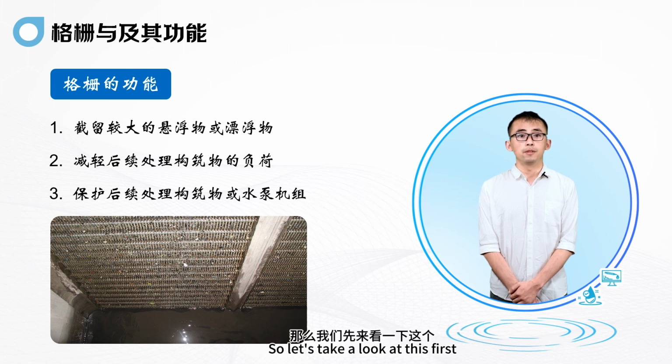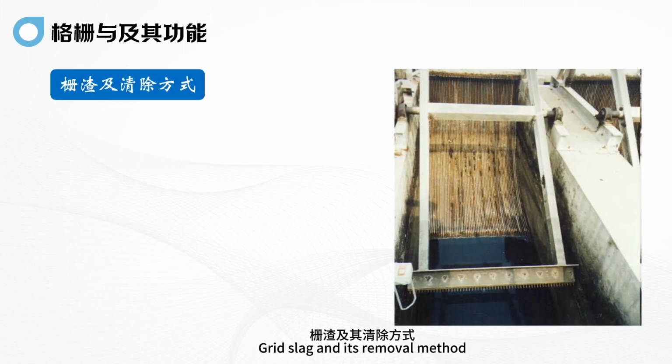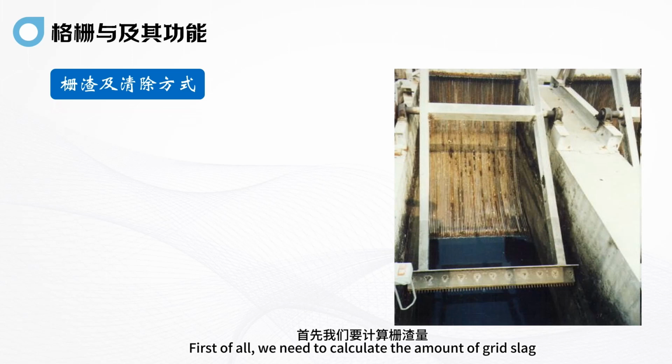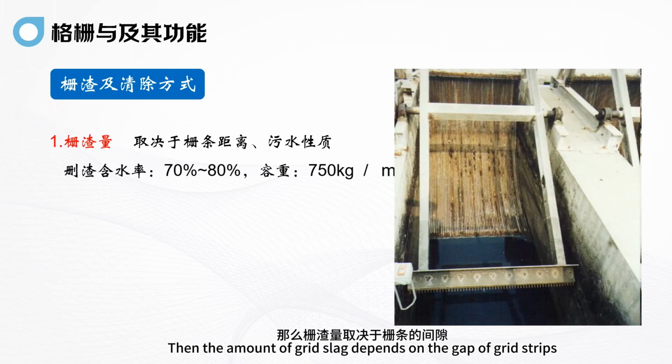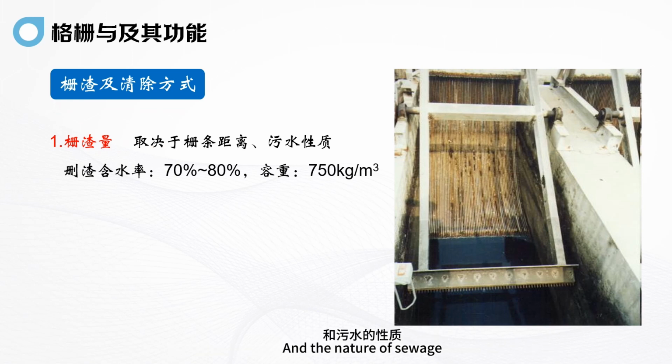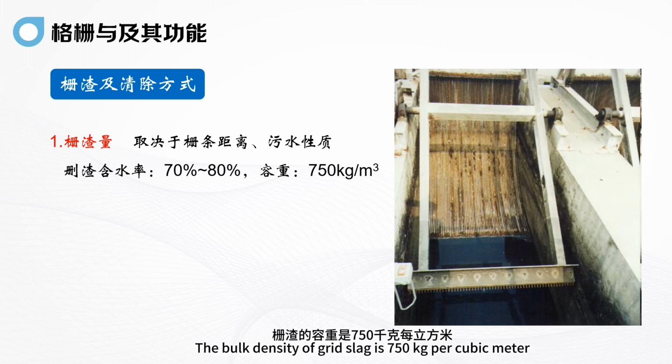So let's take a look at this first. Grid slag and its removal method. First of all, we need to calculate the amount of grid slag. The amount of grid slag depends on the gap of grid strips and the nature of sewage. Moisture content of grid slag is generally 70% to 80%. The bulk density of grid slag is 750 kg per cubic meter.